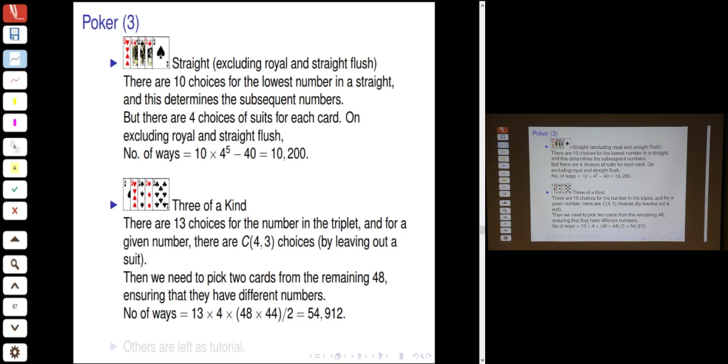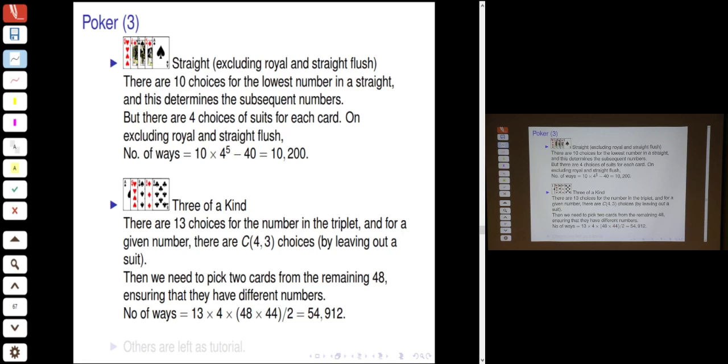Now once you choose the first one, for example, you choose a 10, then you cannot choose another 10. So therefore you exclude 4 cards. Although you choose 1 card, the other 3 you cannot use. So you exclude 4 cards. So therefore, when you draw the second card, you have 44.